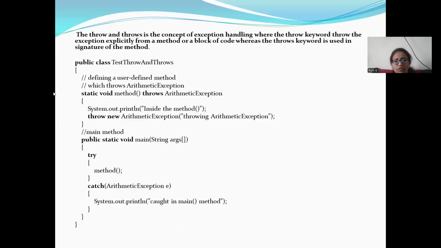That is the throws keyword. For this method, we are throwing an exception like this. See, here throw new arithmetic exception. That is nothing but we are throwing the exception explicitly for the method or a method block.